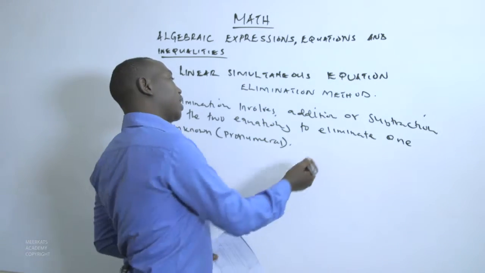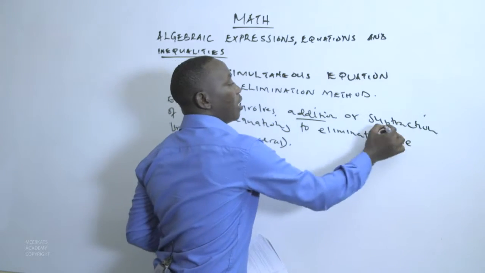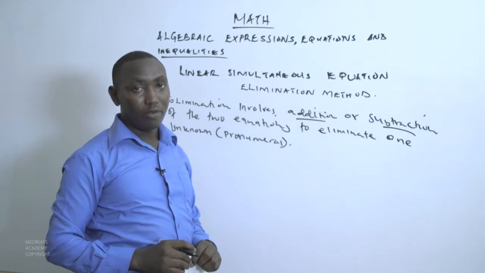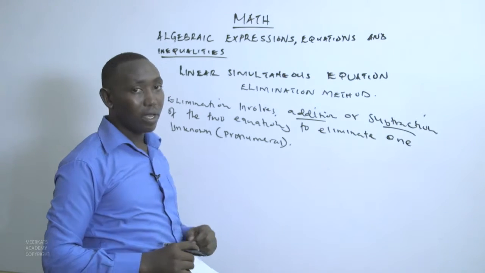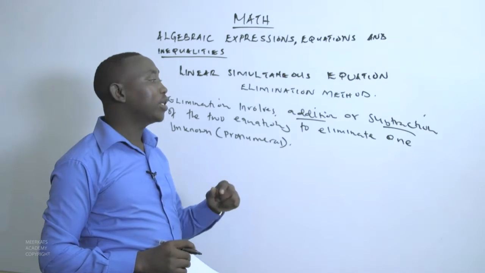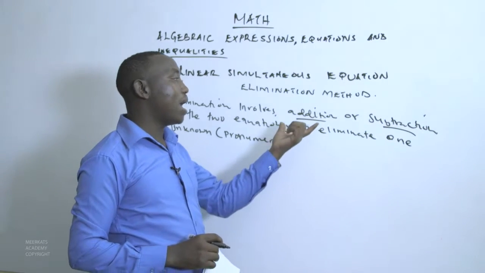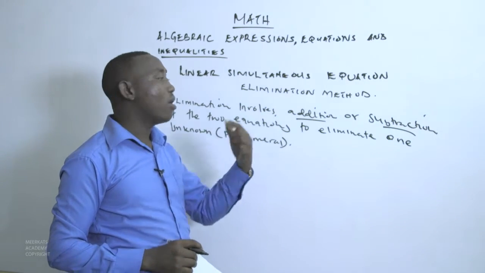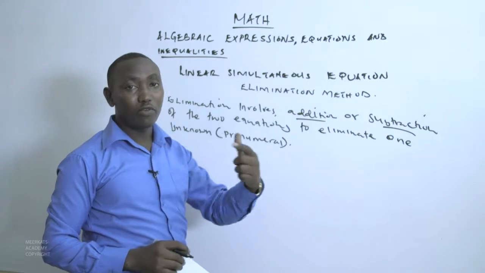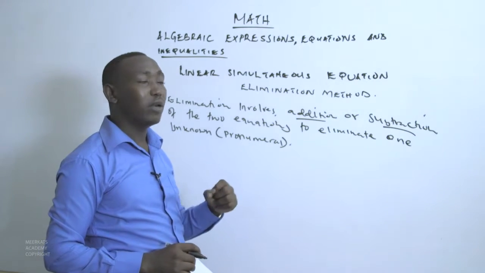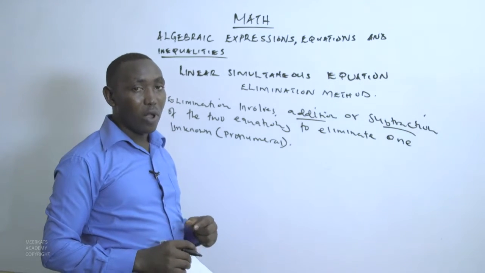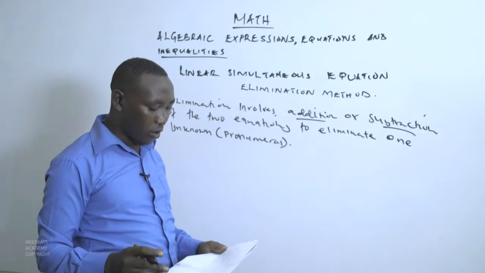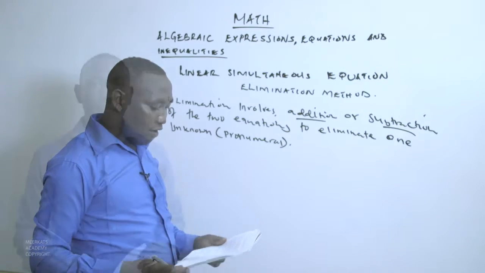We are saying that we can use addition or subtraction when we want to kill or eliminate one of the pronumerals. We are going to look at instances where we add one equation to the other or subtract one equation from the other for us to eliminate one of the pronumerals. We are going to look at such instances or such cases.